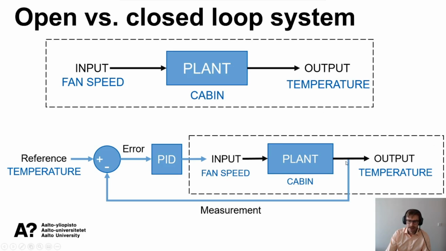The thing you add is that you're getting feedback from the output temperature, and then you take the difference between the reference, so let's say the 21 degrees Celsius, and the actual temperature that is currently in the car cabin. You take that error and you feed it to a controller, and based on that the controller controls the actuator in this case, or the input, the fan speed.